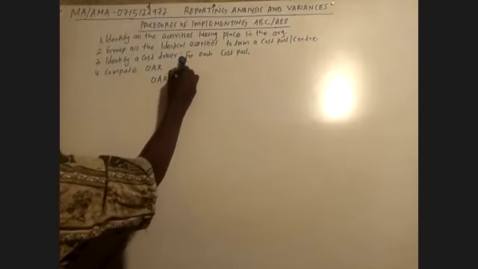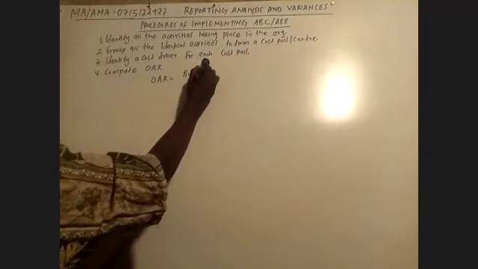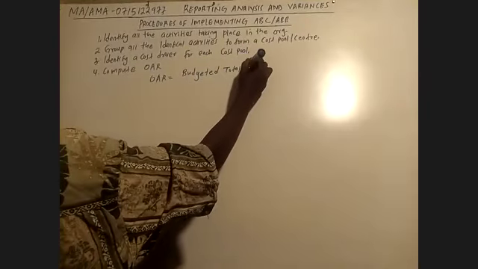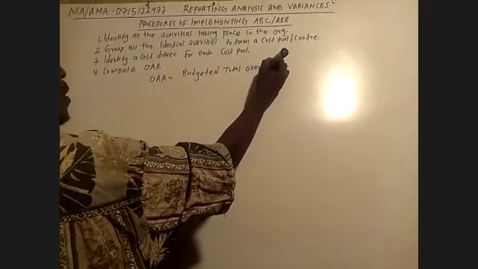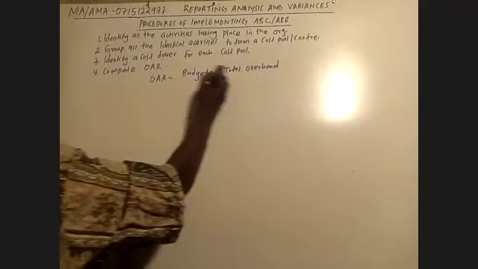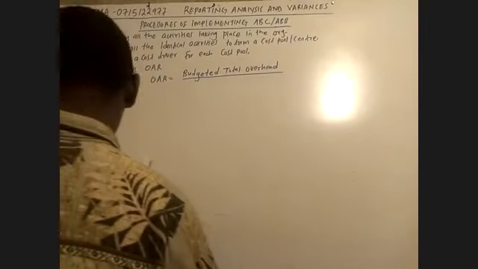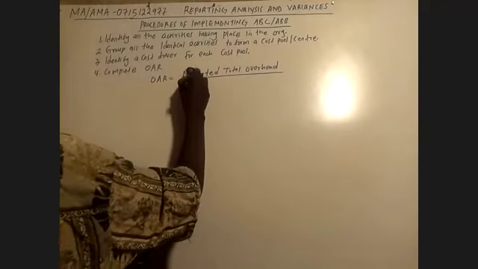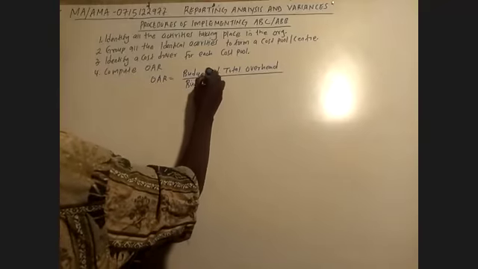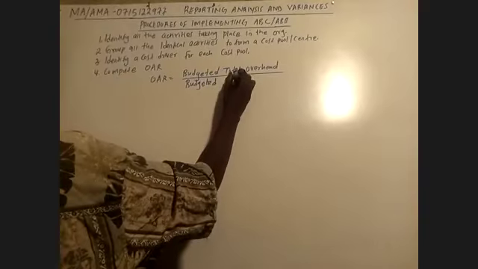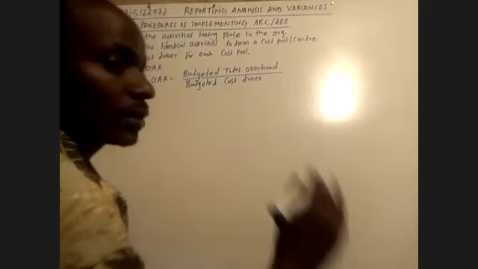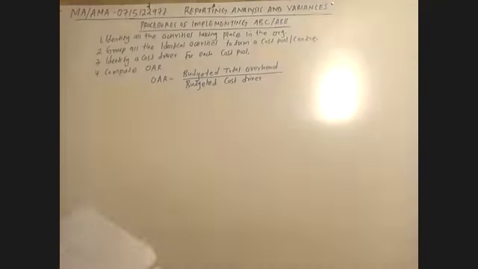OAR is equal to the budgeted total overhead over budgeted cost driver units. So remember, cost drivers are activities which lead to cost.